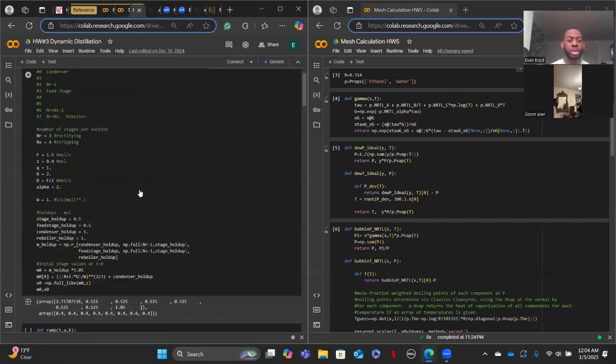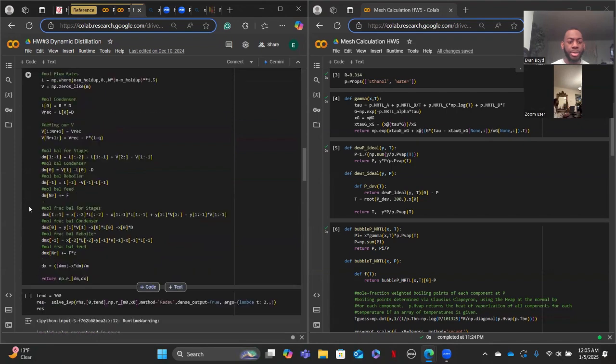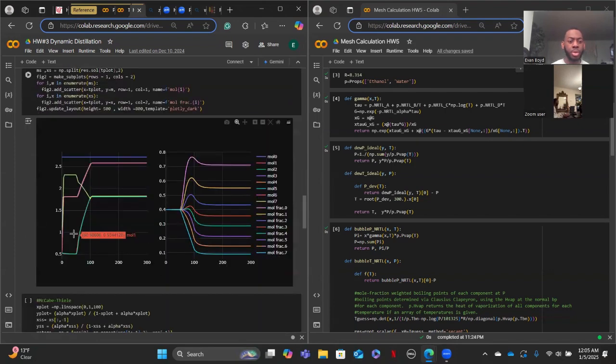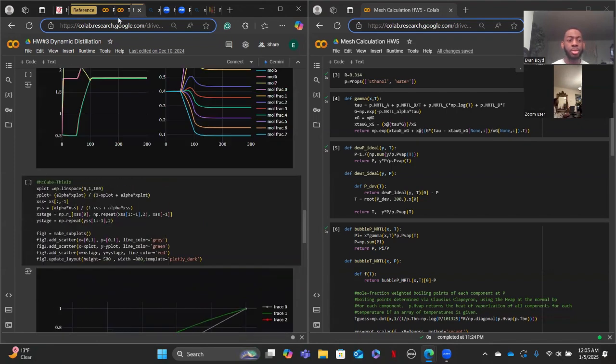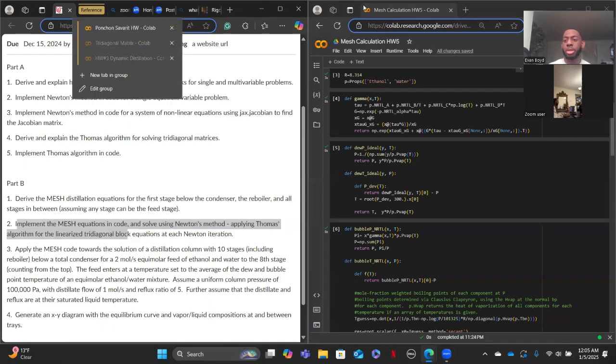And also this dynamic distillation column, which we'll be using for the unknowns that we have, and how we will lay that out as well. So this is where a lot of this comes from: these three, and a little bit from other homework that we did in the previous videos. But yeah, let's get started.